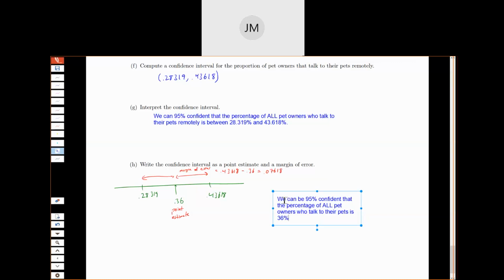Again, I'm just converting it to a percentage, with a margin of error of 7.618%. Okay, so I have really the same sentence. It's all the same meaning. But instead of talking about this interval of values, I say that it is the middle value, and the margin of error is how far it can go in either direction.